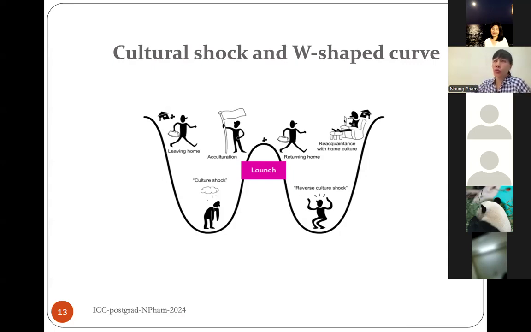We feel so overwhelmed and excited, and we look forward to new things, meeting new people, experiencing a completely new culture. But for example, if you get a scholarship to go abroad to do your master or your PhD, let's say you are going to Australia.